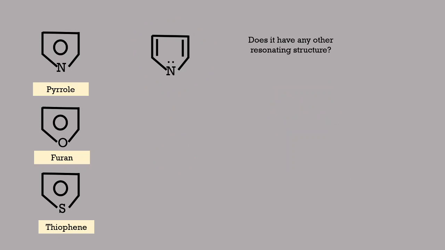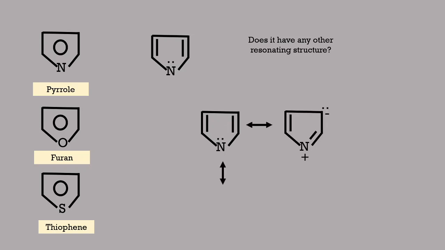Well, you can also draw resonating structures by using the conjugation of the lone pair and the pi electrons, but then you will have to separate charges. For example, if I put this lone pair here and take these pi electrons onto this carbon atom, I will get a negative charge on this carbon and a positive charge on this nitrogen, and I get this resonating structure, but it is not very stable because it has two charges in it.